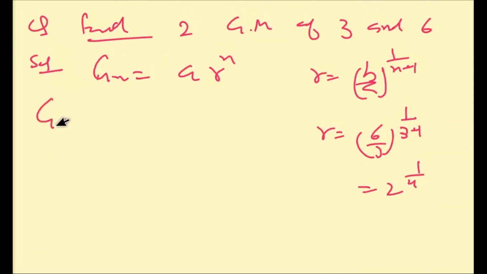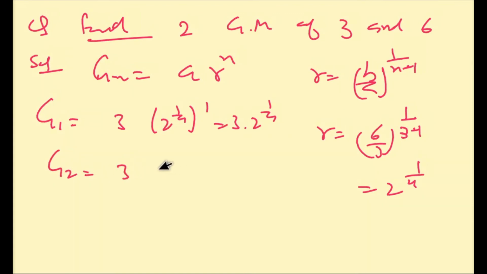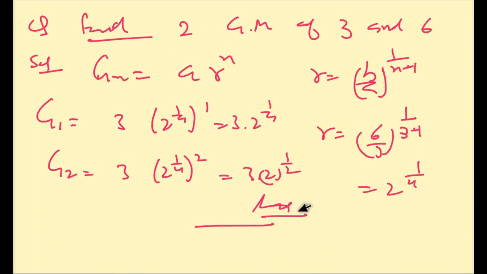So first geometric mean is 3 into 2 to the power 1 upon 4 to the power 1. Right? 3 into 2 to the power 1 upon 4. And second geometric mean is 3 into 2 to the power 1 upon 4 to the power 2. So that is 3 into 2 to the power 1 by 2. Okay, student. So this way you can find the n geometric means.